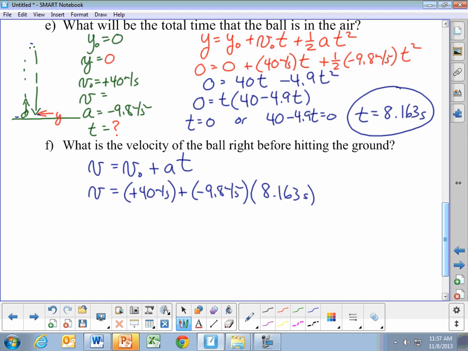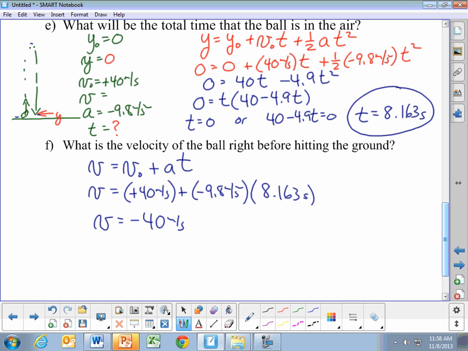Now, if I use that rounded number, I'm going to get a number that's slightly different. On my calculator, I have the full answer of 40 divided by 4.9, which is 8.163265306. If I use that full number, just because I want to illustrate a point, I have 40 minus 9.8 times that full 8.1632653, and I get that the velocity is negative 40 meters per second.